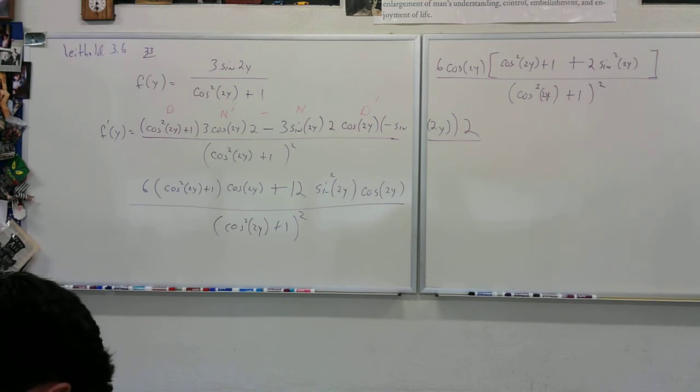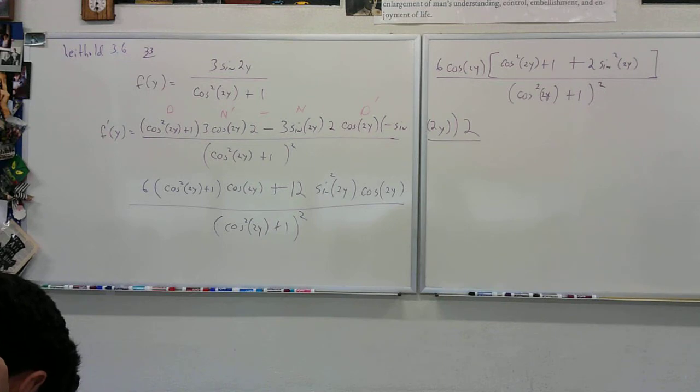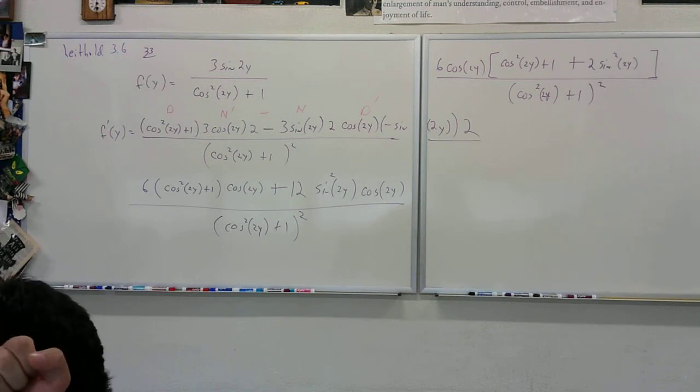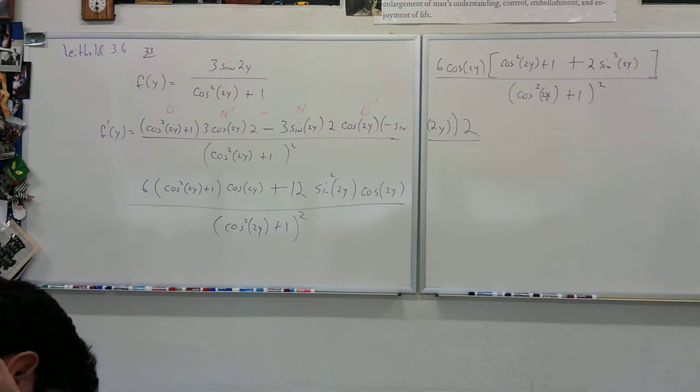He took the cosine squared 2y there and made it 1 minus sine squared 2y and combined them that way. If I would have done that, I would have changed the sine squared into cosine squared if I was going to simplify it anymore, so that everything would be what? Cosines. But all he did was take the cosine squared 2y there in the front of the bracket, change it to 1 minus sine squared 2y, collect like terms.